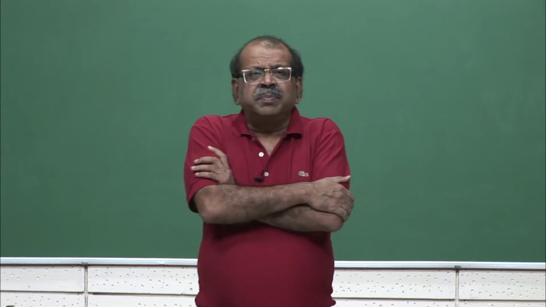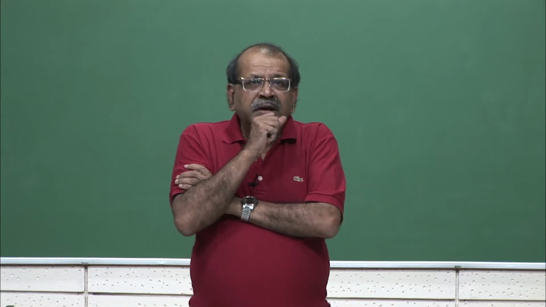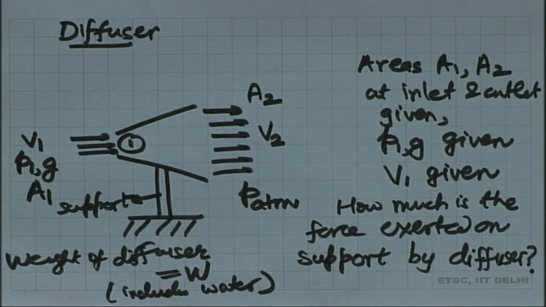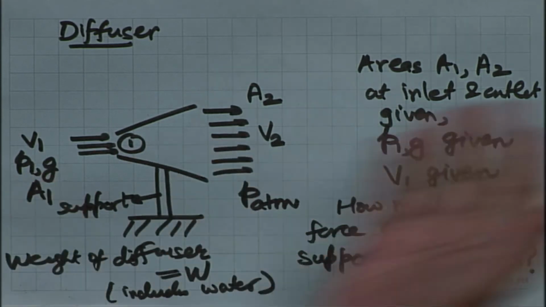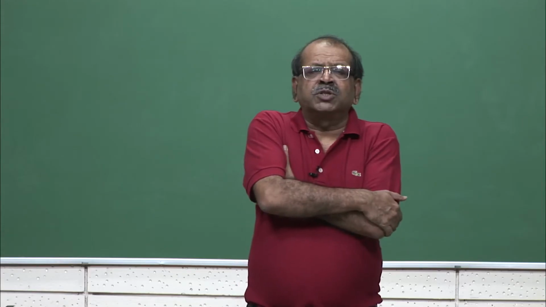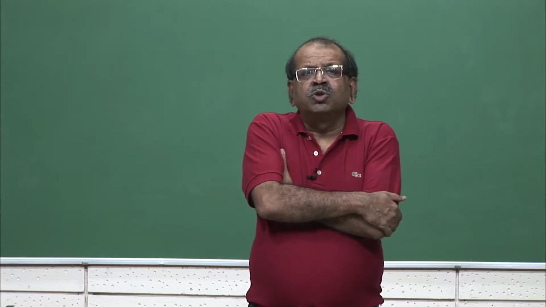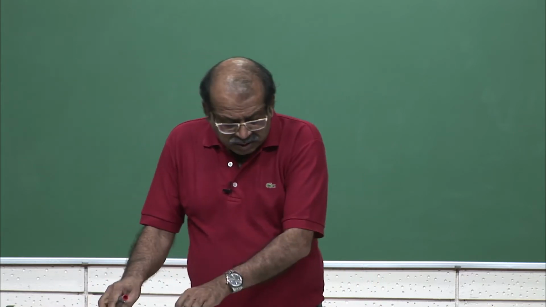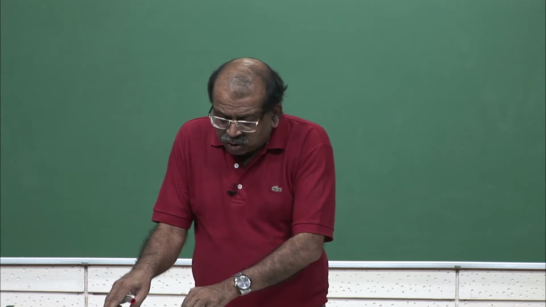One of the guiding principles here is, if you choose a control volume in such a way that the force you need, or the negative of this force, comes in directly as a part of this control volume, then you should choose a control volume like this. So, what we do is, we choose a control volume.